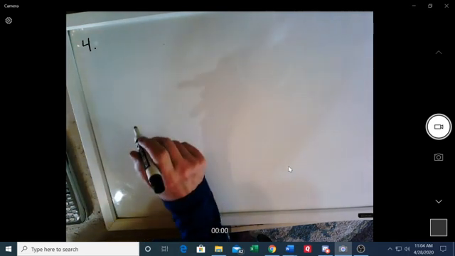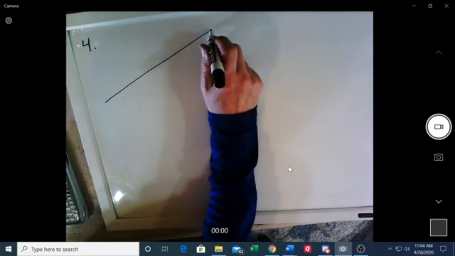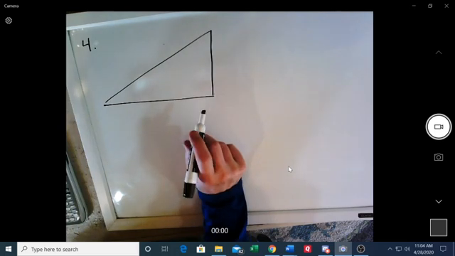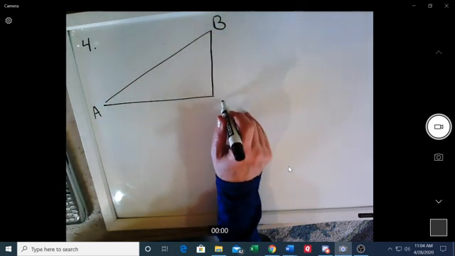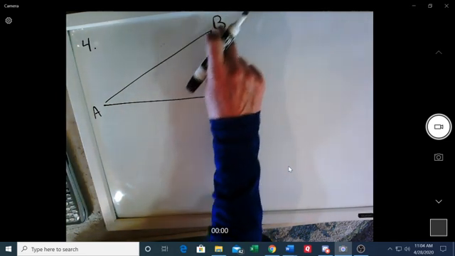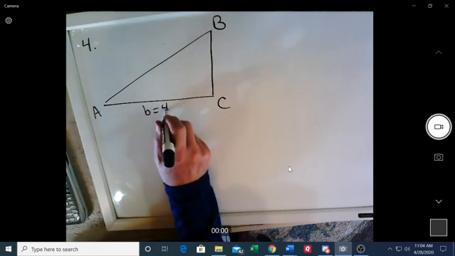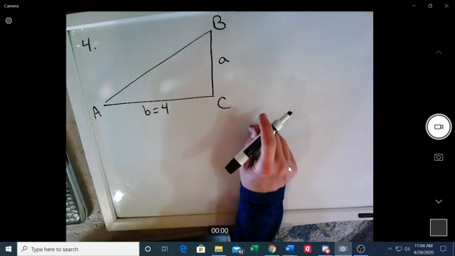Number 4. We're going to shift things again. We're going to take this right triangle. We're going to call the sides A, B, C. Opposite of cap B is going to be little b. Opposite of cap A is little a. We don't know what that is.